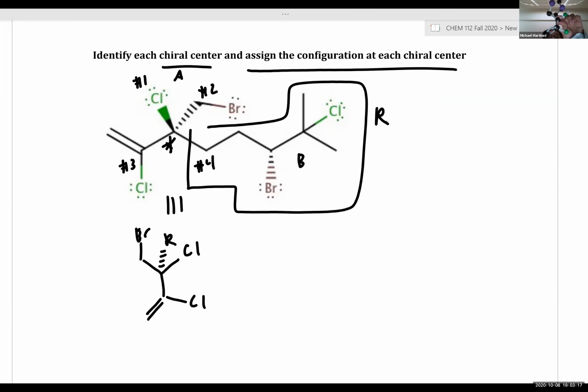Does everyone see that rotation? Does this make sense to everyone? Can I get some confirmation that everyone understands this first step?